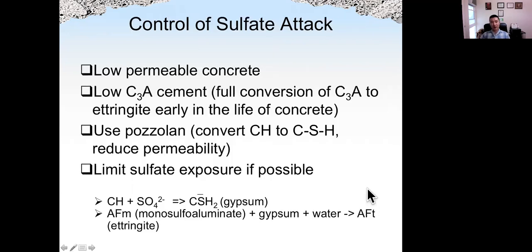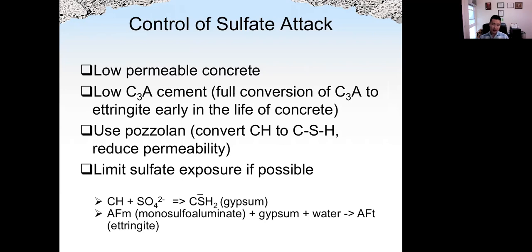Okay, so far we talked about the mechanisms of different types of sulfate attack. So how can we control sulfate attack? The most important thing we can do is probably to reduce the concrete permeability. We can do many things to reduce the concrete permeability, such as using a low water cement ratio, silica fume, and so on.